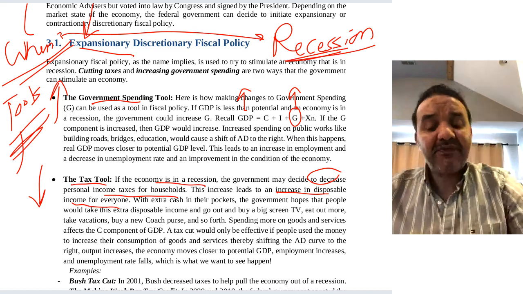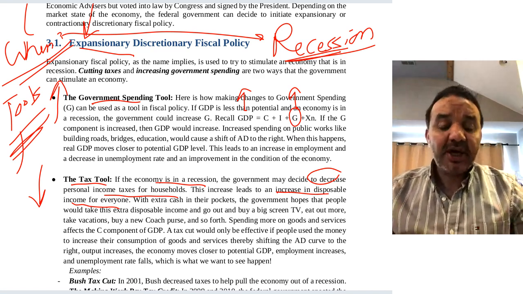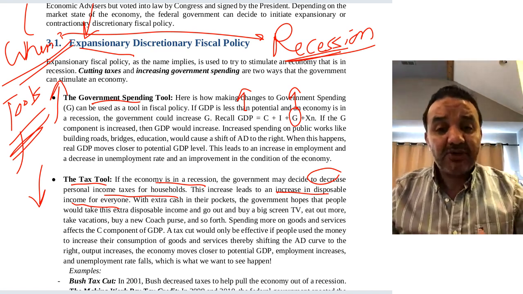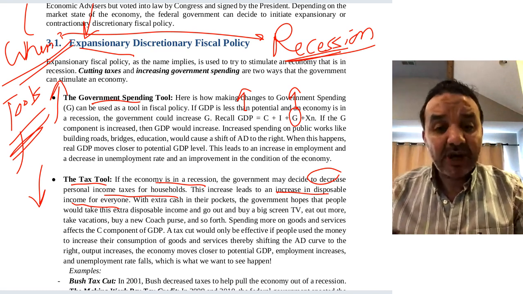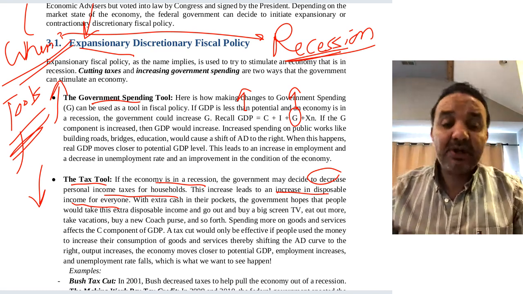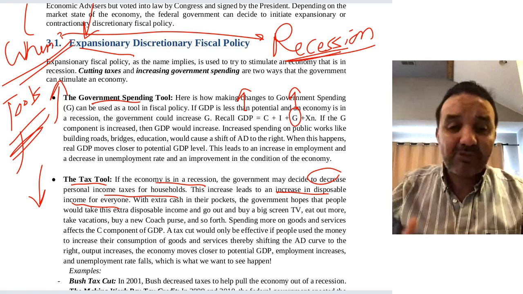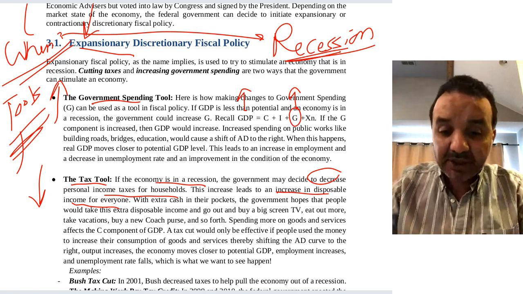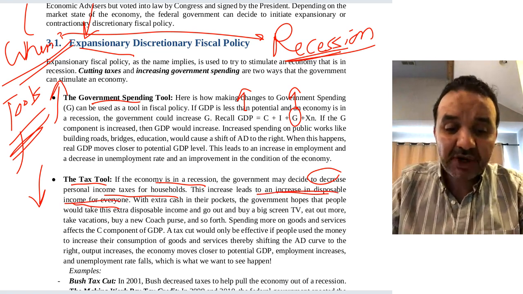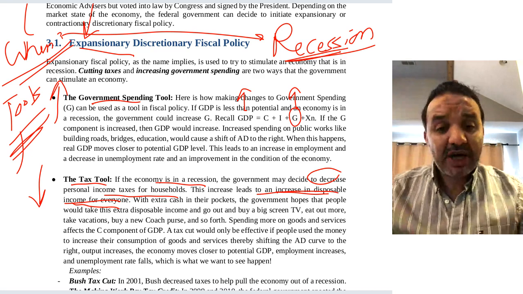For example, if I'm earning $100 and instead of paying 30% taxes, I pay 20% taxes, then instead of having a disposable income of 70, I will have a disposable income of $80. So now I have 80 instead of 70.